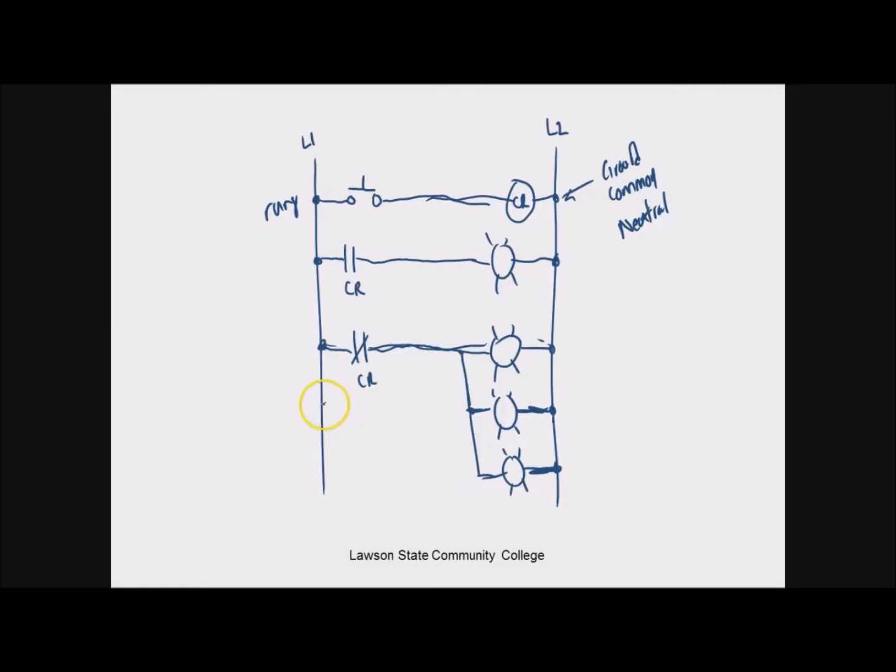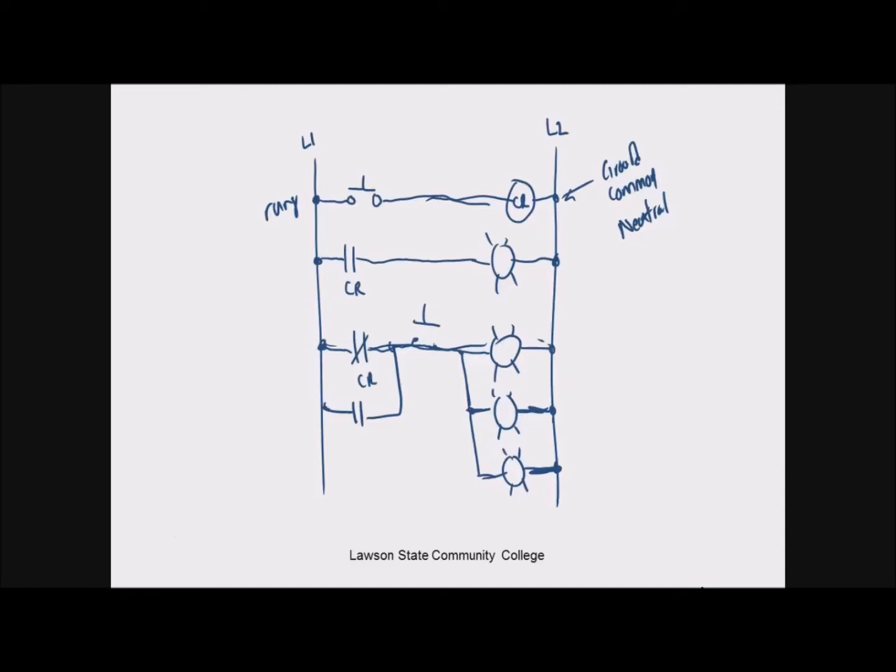So I could put another contact right there. I could put a push button right there. This is not a series parallel circuit. This is a parallel circuit. So we can connect control devices in series, in parallel, in series parallel. That does not determine what type of circuit it is.